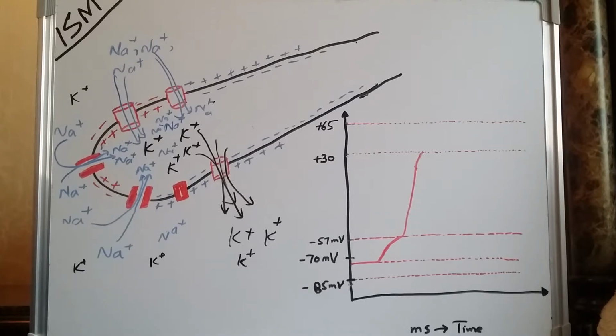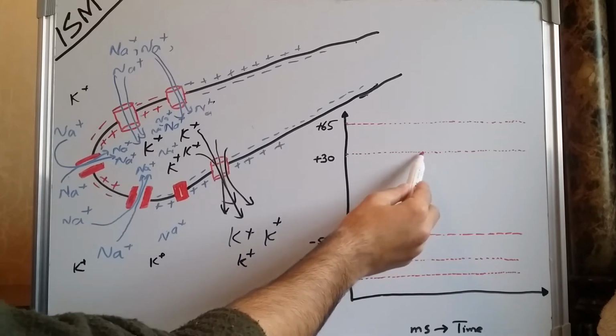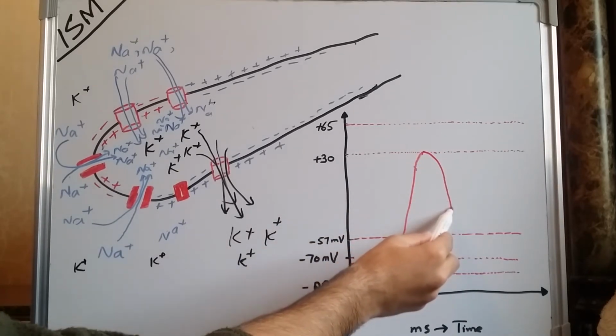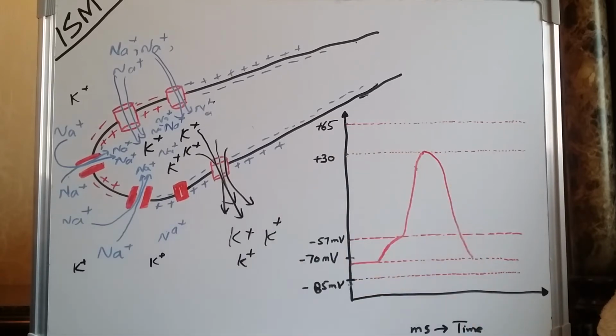Due to this outgoing of potassium, the membrane starts to repolarize. So it goes down to the negative side and reaches the resting membrane potential.